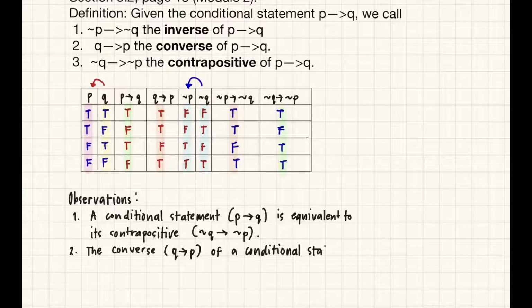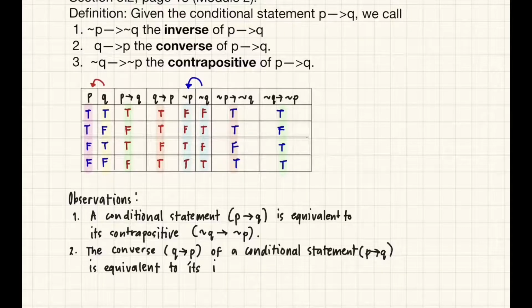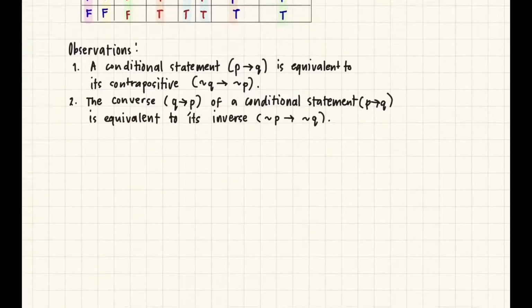So we say that a converse, if Q then P, of a conditional statement, if P then Q, is equivalent to its inverse, which is if not P, then not Q. Okay, so if you look at the truth table, we see that if P then Q is never equivalent to if Q then P.